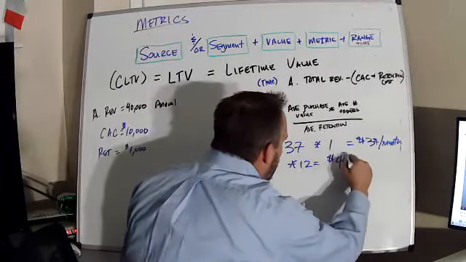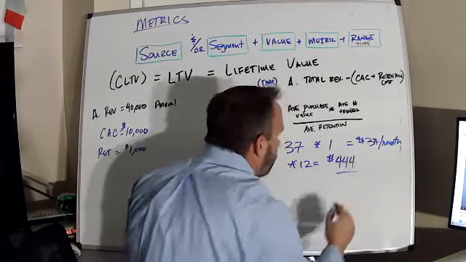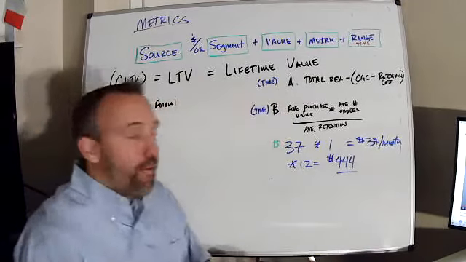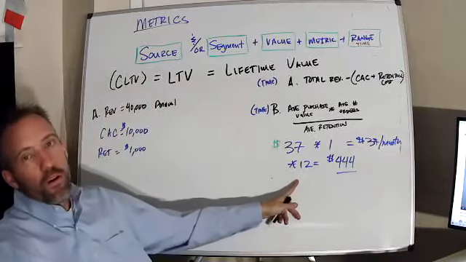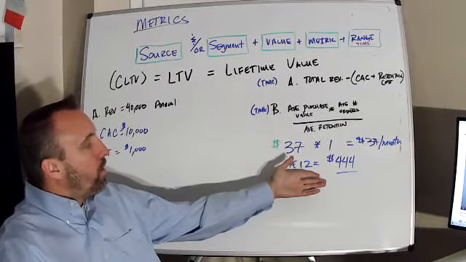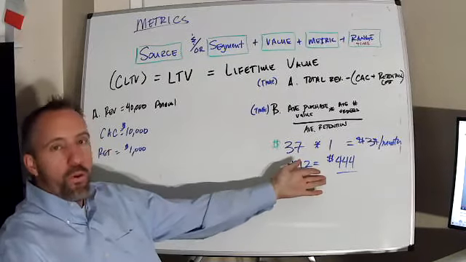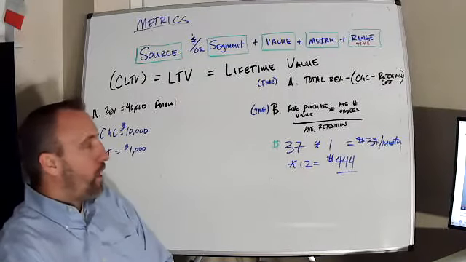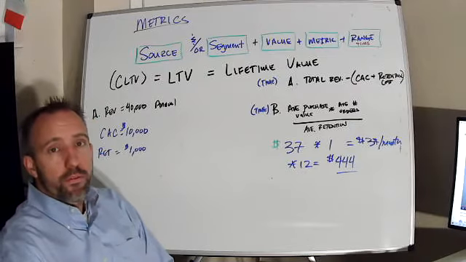So that customer is paying $444 with us annually if they stay with us for a year. We'd only been in business for 6 months, so how do we know that that's really the total value of our customer? And that's where it's tough.